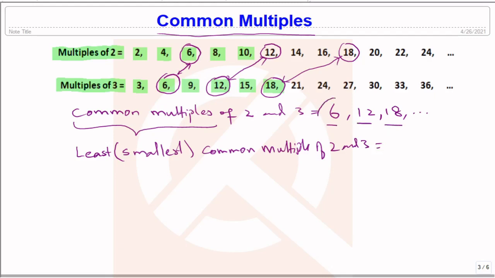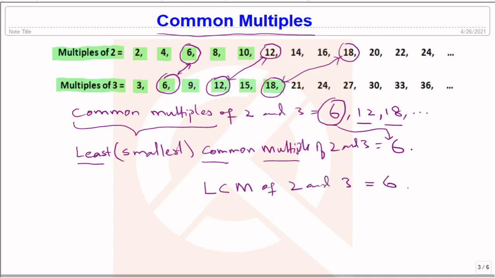So the smallest is 6. So you can say that 6 is the smallest common multiple, or the least common multiple. In short form we can say that the LCM of 2 and 3 is 6. So in a very easy way we found the LCM of 2 and 3.